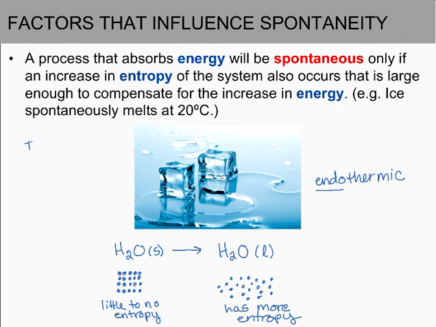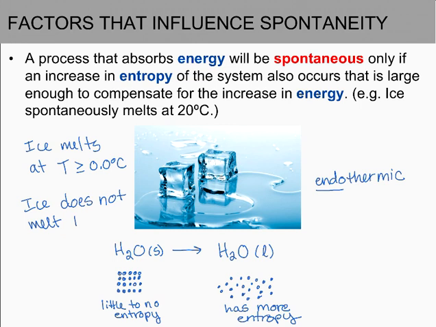Remember that ice will melt at a temperature greater than or equal to 0 degrees Celsius, and then ice does not melt at temperatures below 0 degrees Celsius. So again, these processes that are spontaneous might just be spontaneous at specific temperatures.